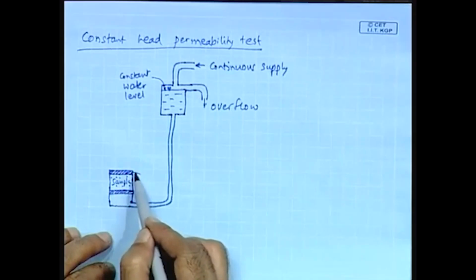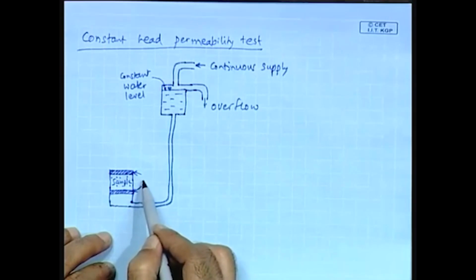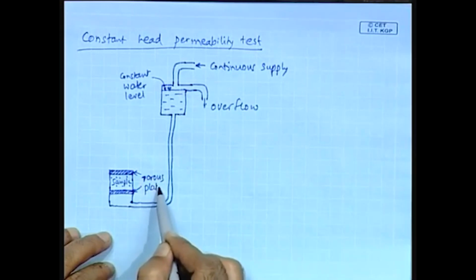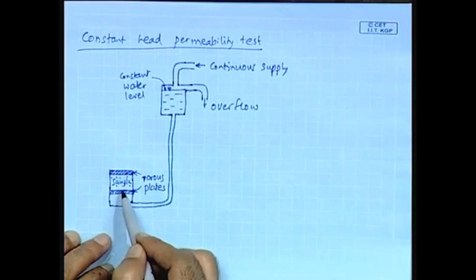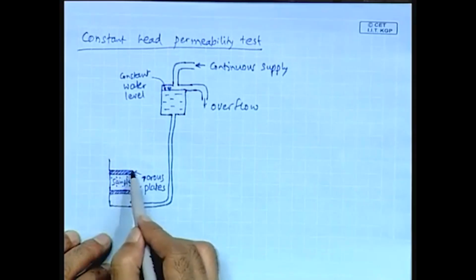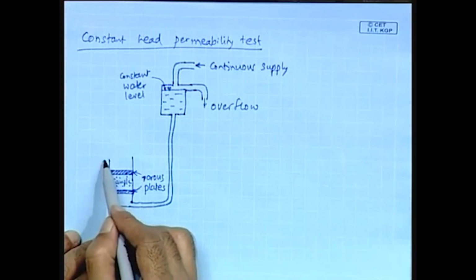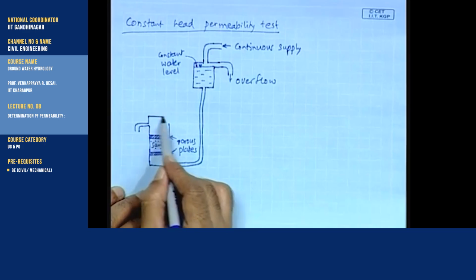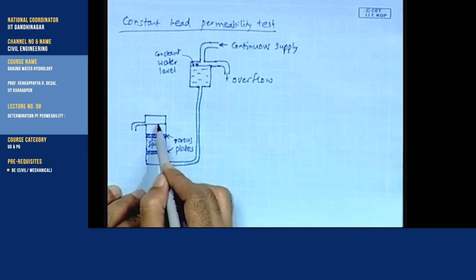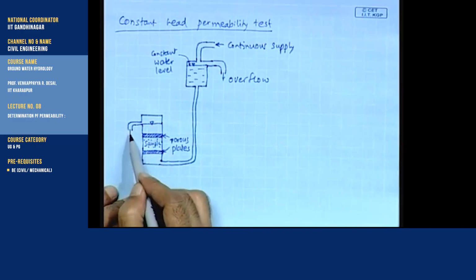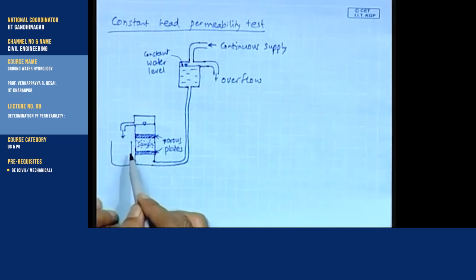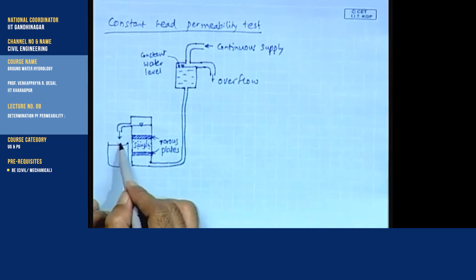To retain this soil sample, there are two porous plates, one at the top and one at the bottom of the soil sample, and then there will be a collecting tank.